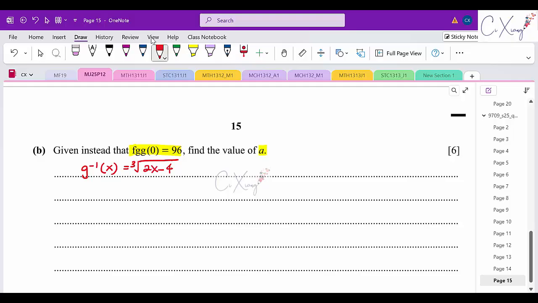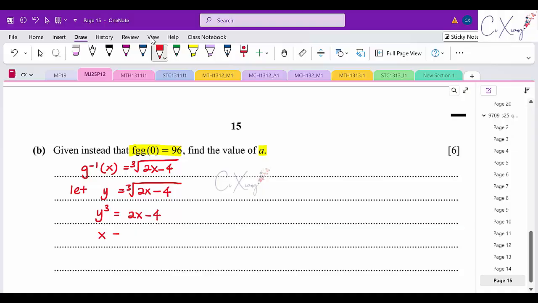Okay, to find g, you need to let y equal the cube root of 2x minus 4. Then you try to change your equation from y equals something in x, to x equals something in y. So I take the cube, or power 3, for both sides.